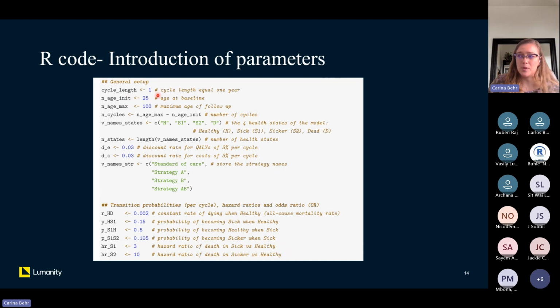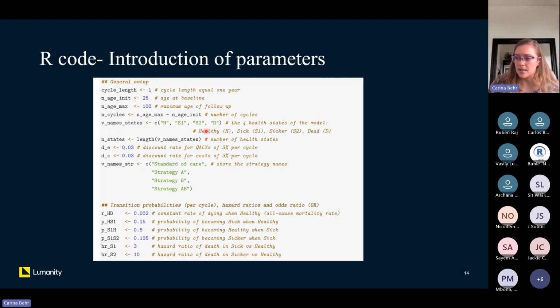You predefine some of your important variables. For example, the cycle length, in this case 1 year, the starting age of 25 years, and maximum age 100, based on which you can calculate the number of cycles. Here we have the vector with the names of the health states.